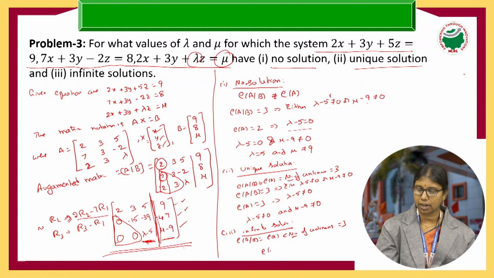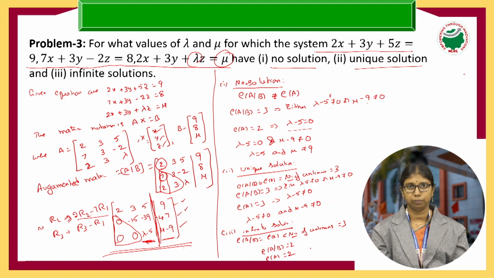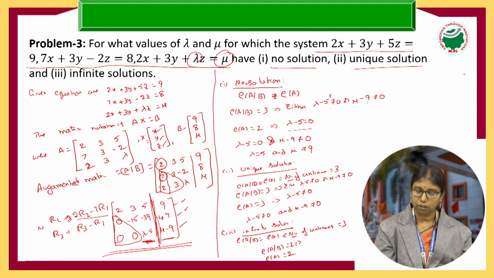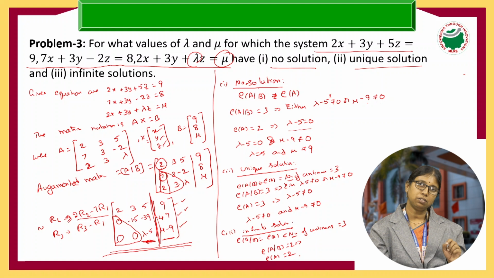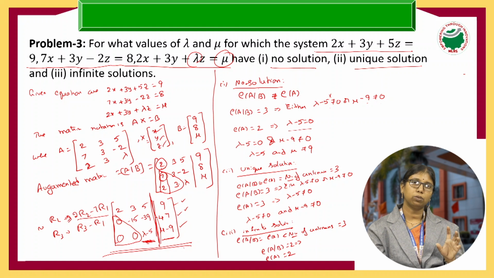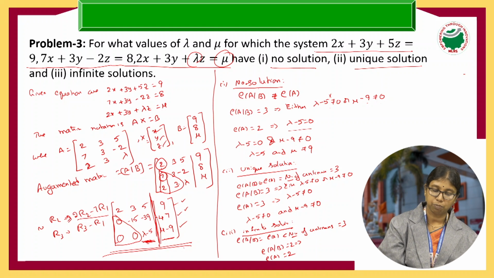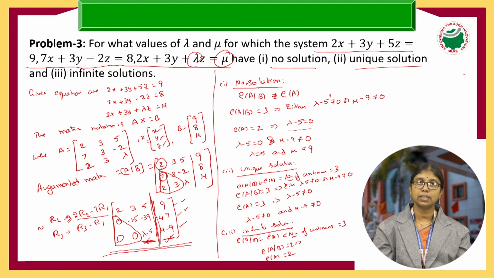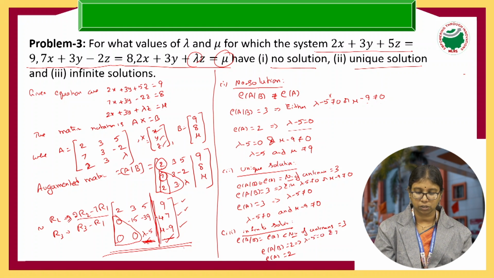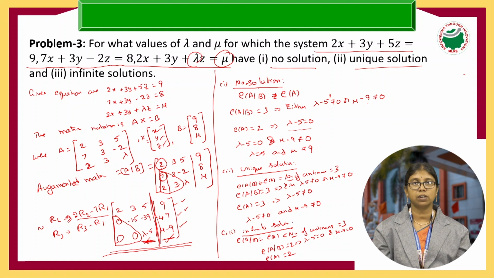That means less than 3 means both rank of A given B equal to 2 and rank of A equal to 2. So rank of A given B equal to 2 means for the augmented matrix we require only 2 non-zero rows. You will get 2 non-zero rows only if both lambda minus 5 and mu minus 9 are 0. That means lambda minus 5 equal to 0 and mu minus 9 equal to 0.